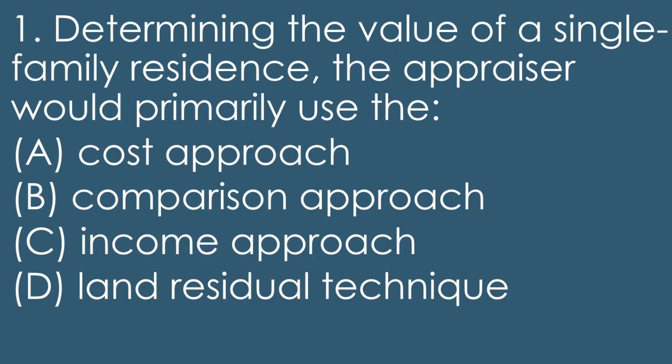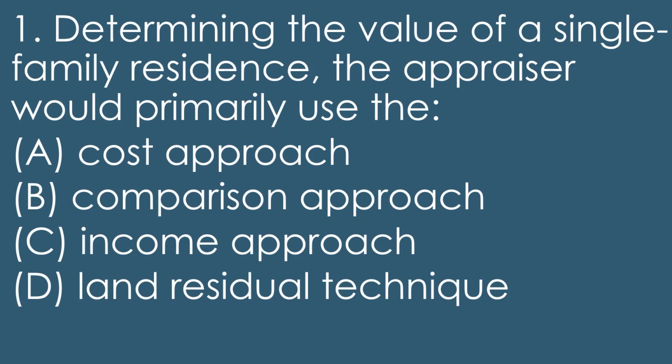Now, what do we know about these 3 approaches? The cost approach is used for special use buildings, like for instance an old firehouse, an old library, properties that are hard to value because they're not readily comparable to other properties. The income approach is used on income producing properties, so usually multi-unit properties, commercial, etc., properties that derive income.